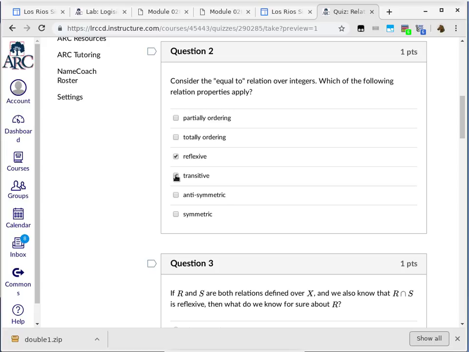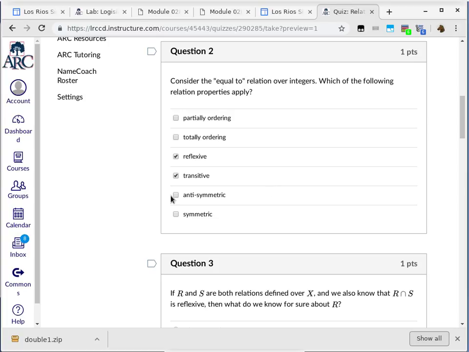Is it anti-symmetric? In other words, if you pick any 2 integers from the set of all integers, and you say, if A equals B and B equals A, does that imply A equals B? If you spell it out like that, it kind of answers the question itself, right?